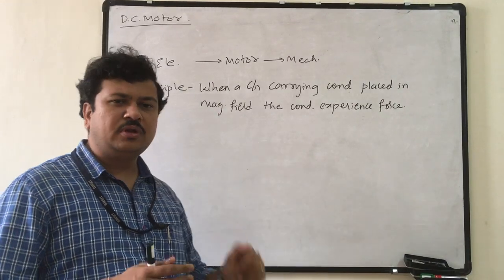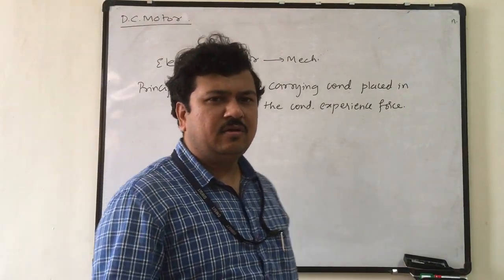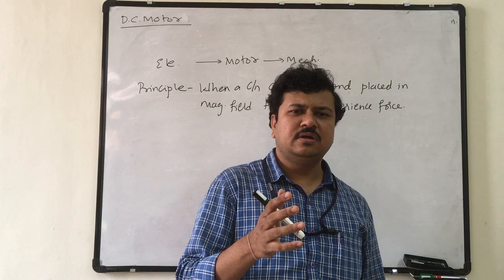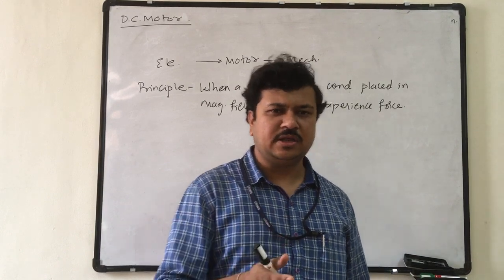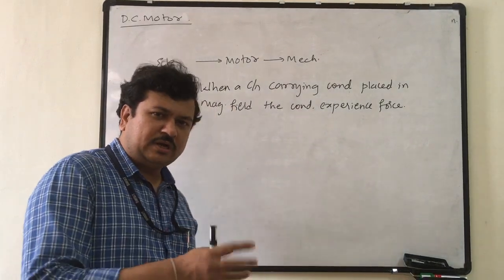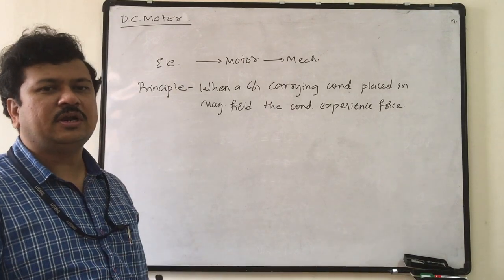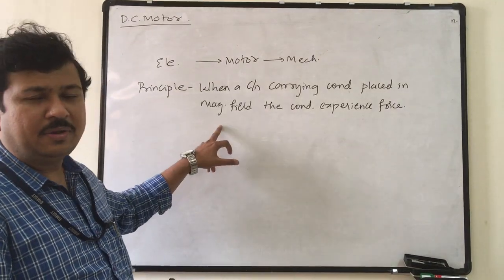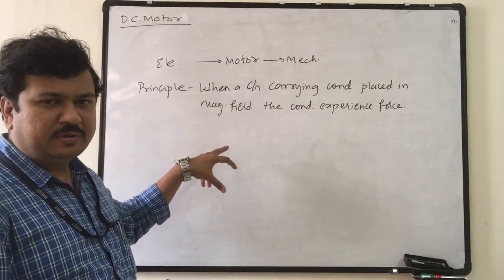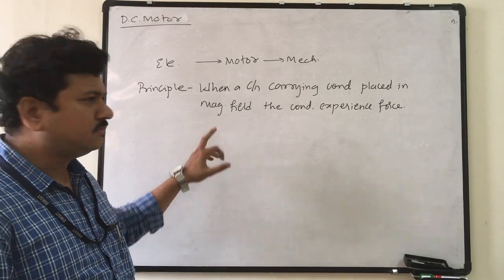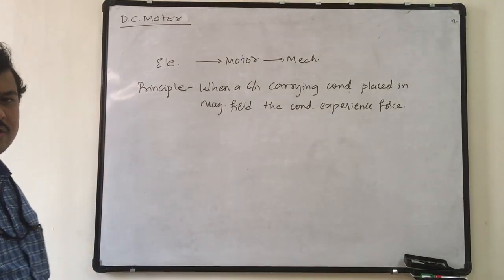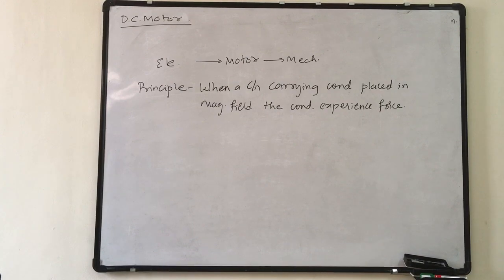Because if I want the motor action, then I make one part of the motor to be rotating. So the part which is movable starts rotating. In this way, I will get the mechanical output from the motor.